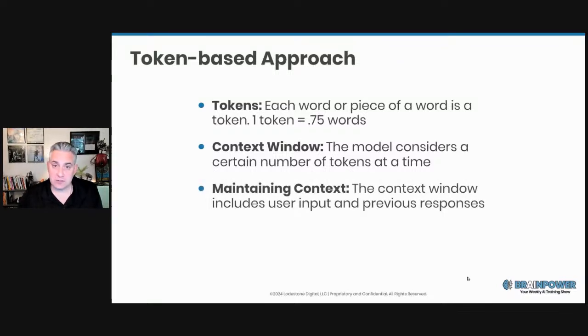What we want to do when we're having a conversation where we are using multiple prompts is to maintain the context. When you input a prompt and there is a response, that input and that response directly impacts the probability of future results coming back from the model.